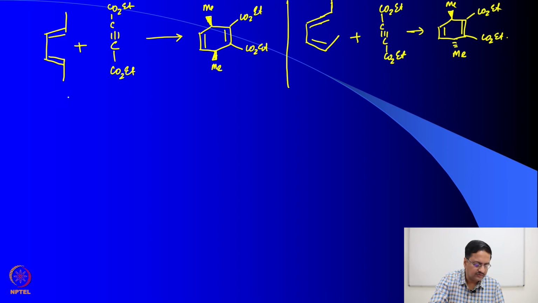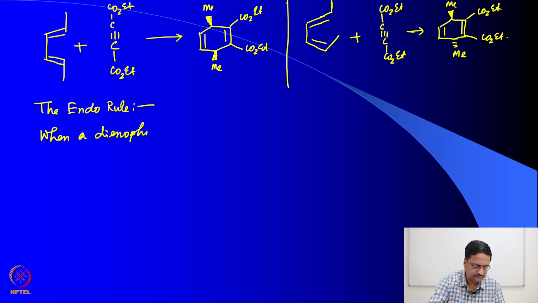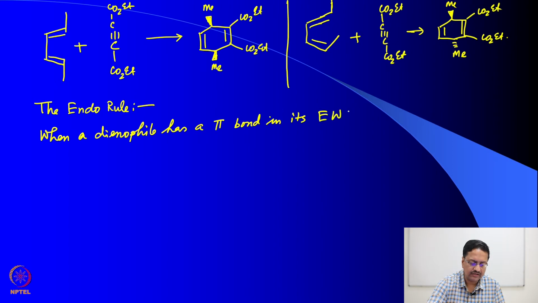Now let us talk about another rule which is called the Endo Rule. This rule is applied when a dienophile has a pi bond in its electron withdrawing group, just like here.